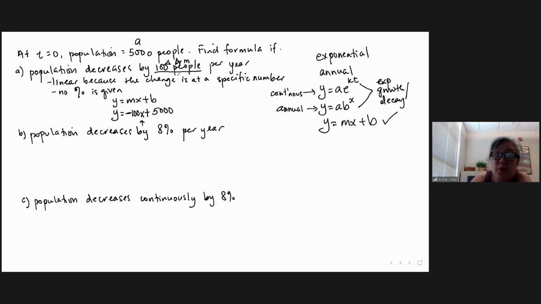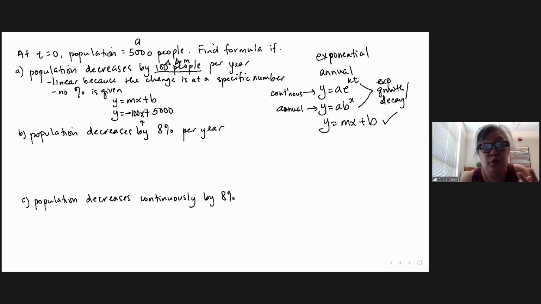The reason I'm giving you this is because I want to make sure you know the difference between the three. In this one, I tell you exactly how many people are changing every year. So if this is year 2, I'm going to substitute x with 2, and with every year changing, I'm losing 100 people.